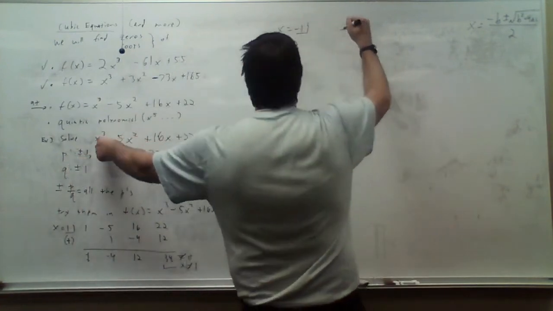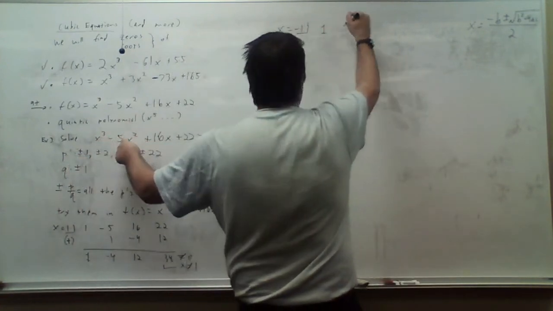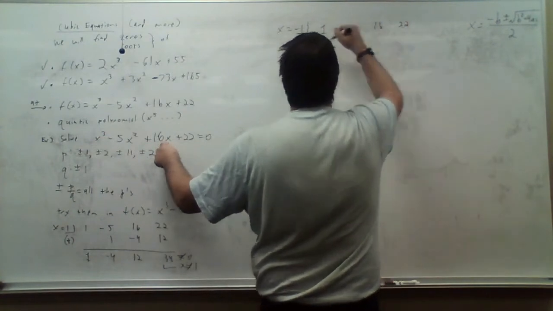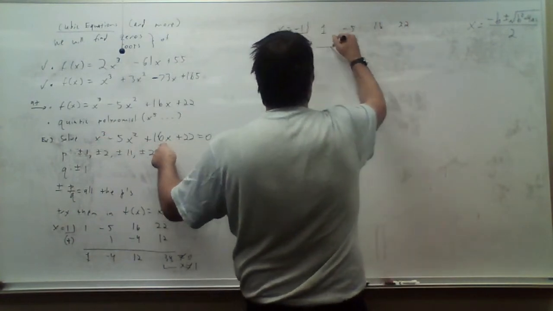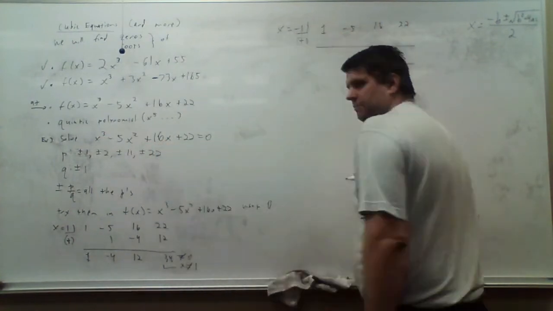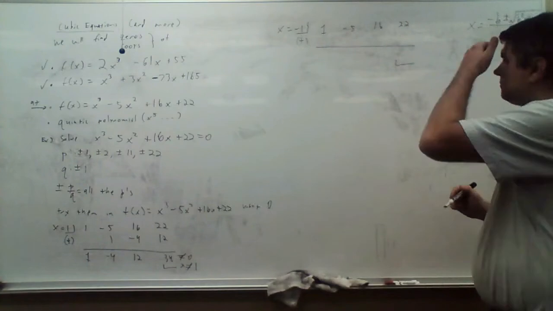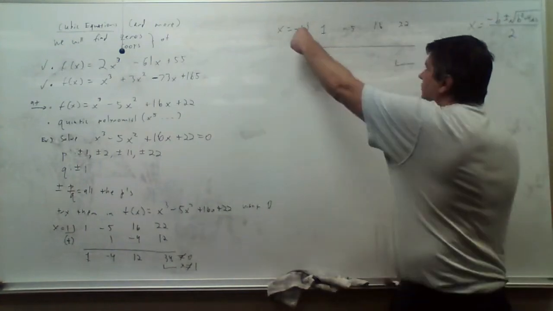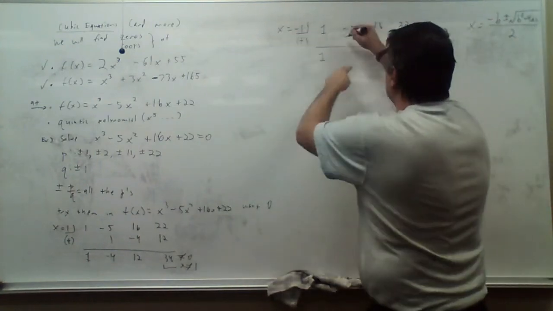Okay, 1, negative 5, 16, and 22. Bring down the 1. Negative 1 times 1 is negative 1.